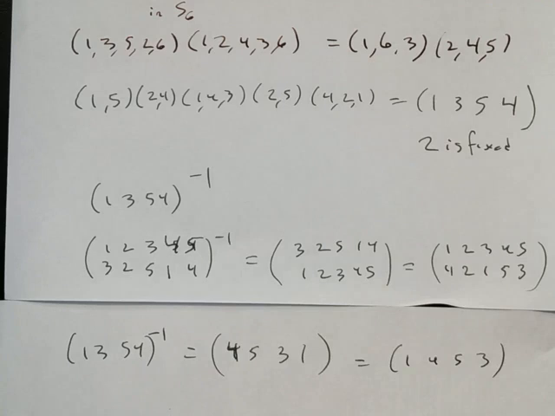Because as we did this cycle, we went 1 unit to the right and then we wrapped around, so I want to go 1 unit to the left and then wrap around. Just have to write them in the other order. Here's what I'm saying. This is why I like cycles, because every transposition is its own inverse.